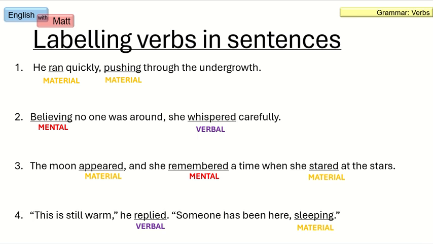And we also have a couple of verbal verbs, whispered and replied, because those are both things that we do with our mouths. And as the video suggested earlier, whenever you're dealing with something which is to do with an action which is to do with your mouth, it's going to be a verbal verb because it's going to be something to do with communication.